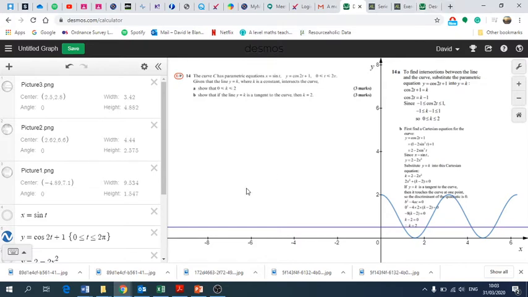You might remember back to the addition rule.